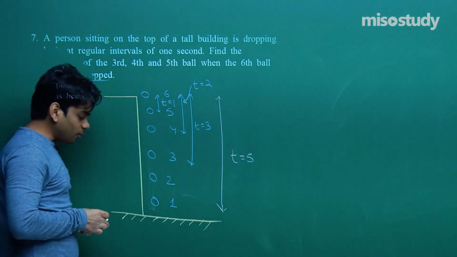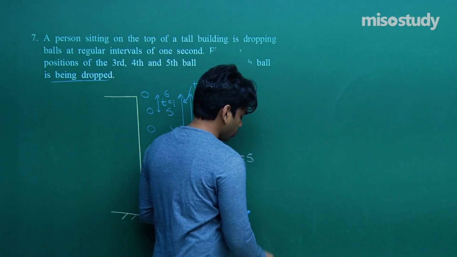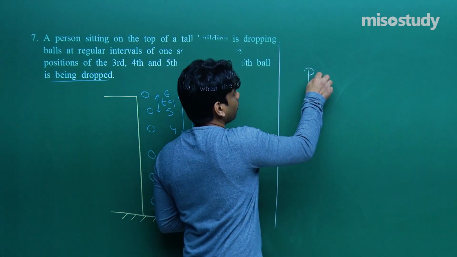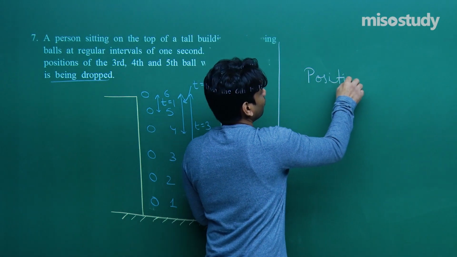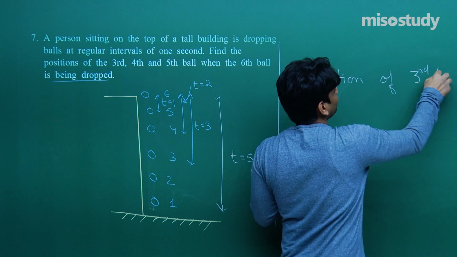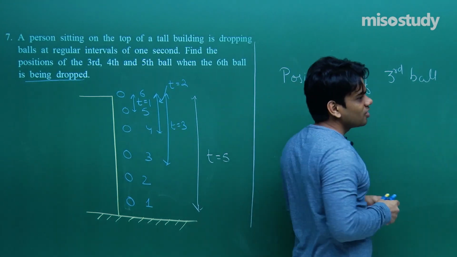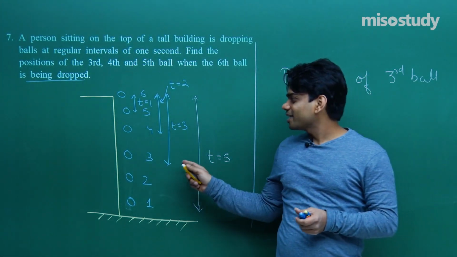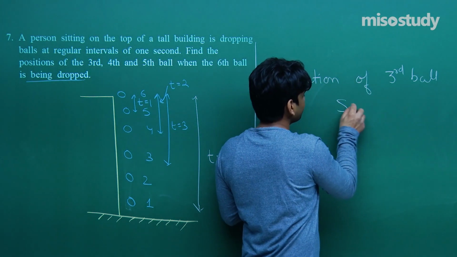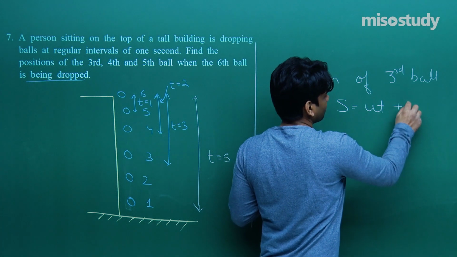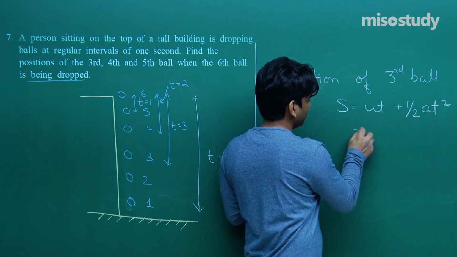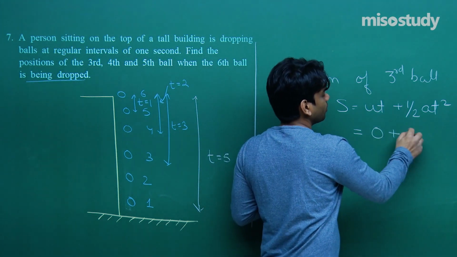Let me mention the position of the third ball. The third ball has traveled for time 3. Use S equal to ut plus half at square and go ahead with the problem. u is 0, plus half.